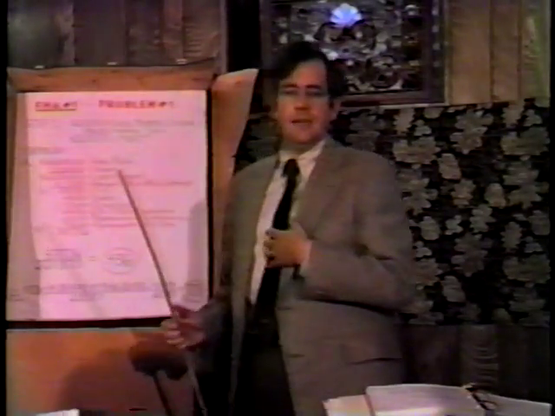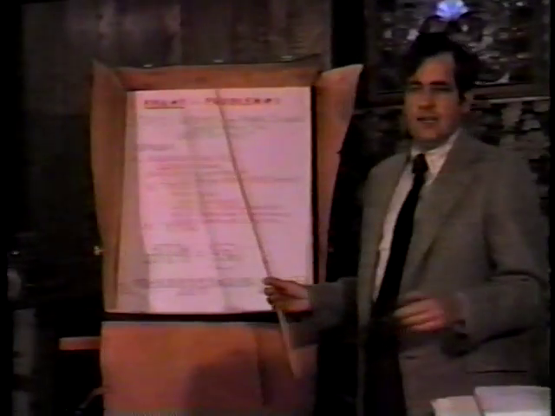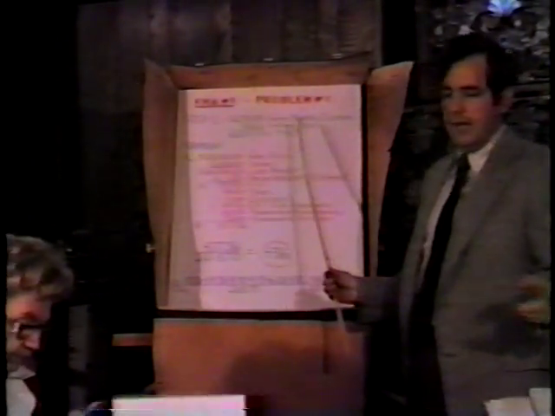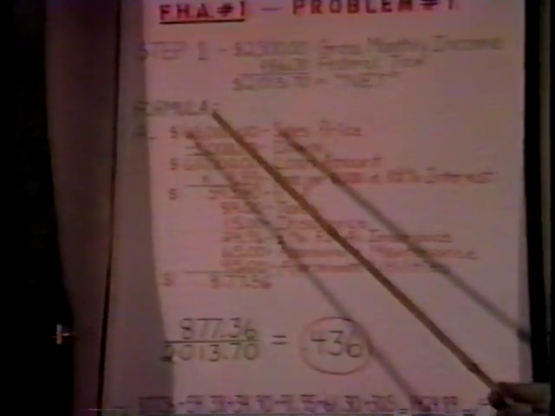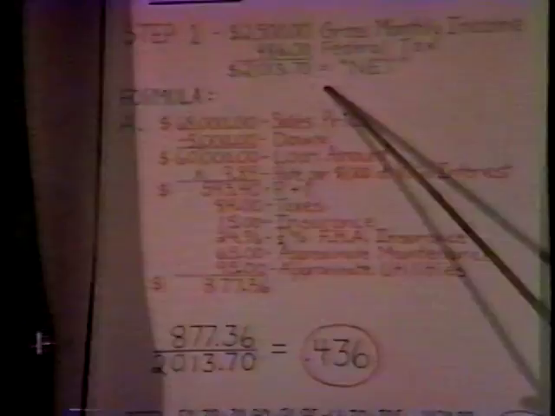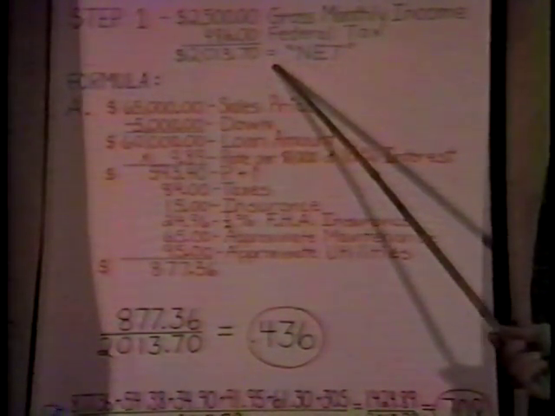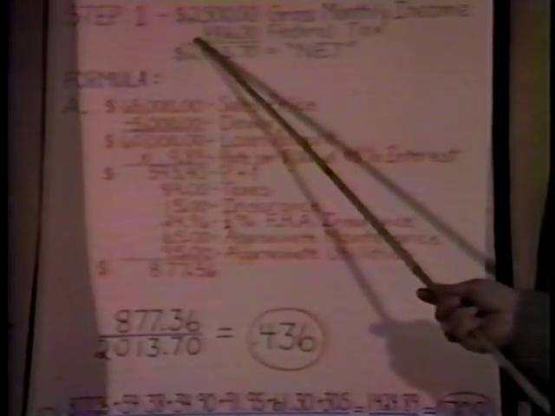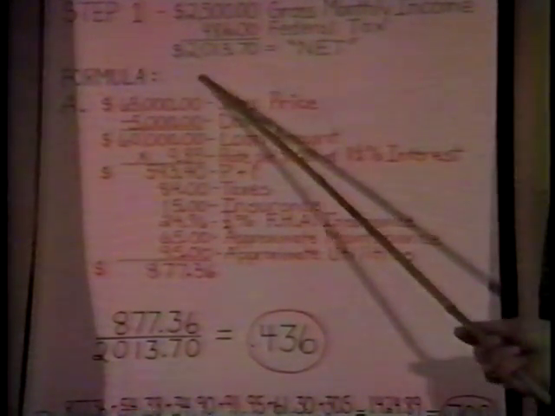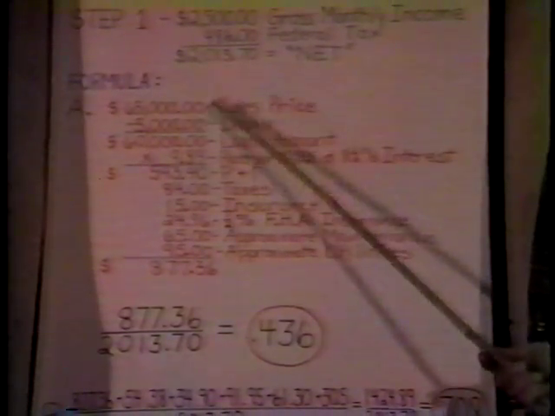Now let's look at me and then look at your scrap page. I think you'll find it easier that way. Okay, don't look at your answer sheet. Look at your scrap sheet. Basically what we did, didn't you? Okay, good. All right. Basically what we do is we start with gross monthly income, right? $2,500. The formula says subtract out the federal taxes. Practically everybody got that right, and those that didn't know how to get it. All right? We get 2,013.70.